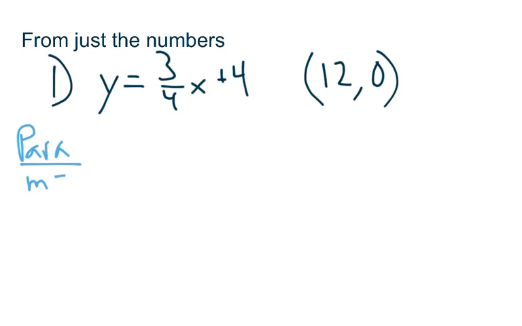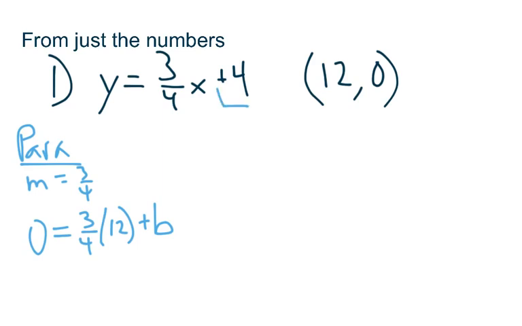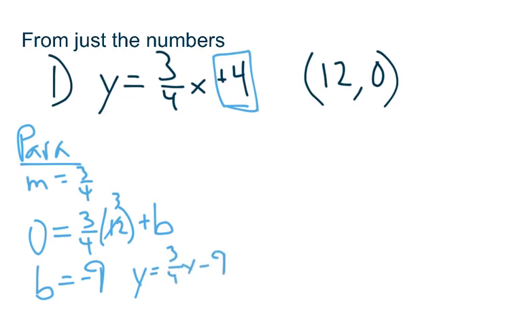In this case, our m is going to be 3/4. Then 0 equals 3/4 times 12 plus b. Keep in mind at this point, this 4 means absolutely nothing to us. Continue to solve: that would be 9, and b would equal -9 when we subtract it over. So y equals 3/4 x minus 9.